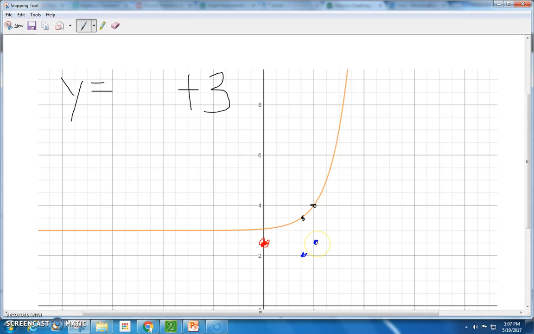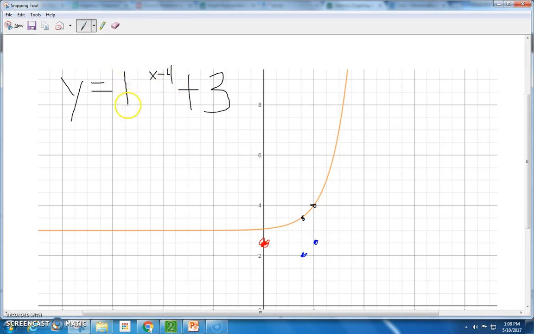From its original location, this particular point has been moved 1, 2, 3, 4 to the right. So that means if it has shifted right 4 units, then our exponent in our function is going to be x minus 4. Awesome. So we've got that.